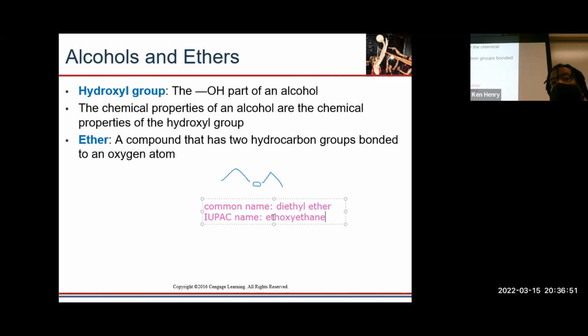Not in this case, because the long chain gets the last name, and the other part gets the oxy added on, or the ethyl oxy. Because one side is ethyl, the other side is also an ethyl, right?